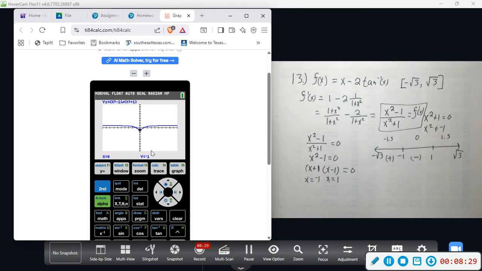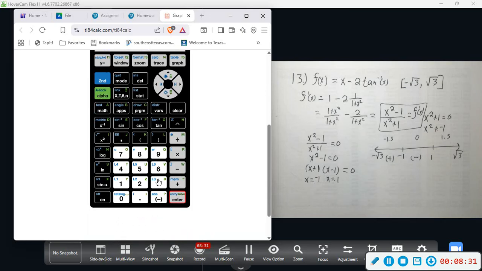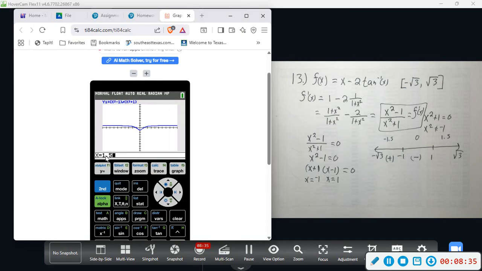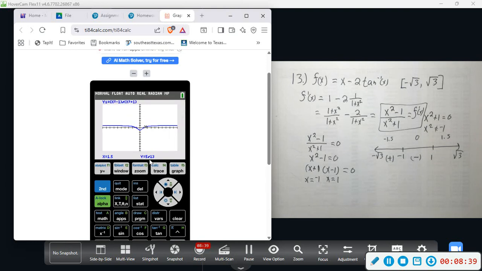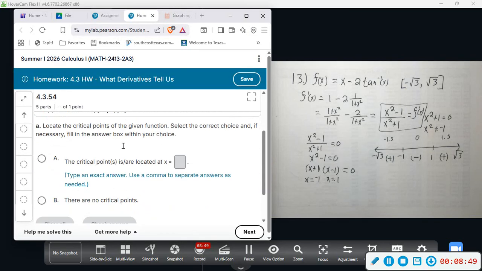And then if we type in positive 1.5, we get 5/13, which is also positive. All right. So critical points are positive and negative 1.